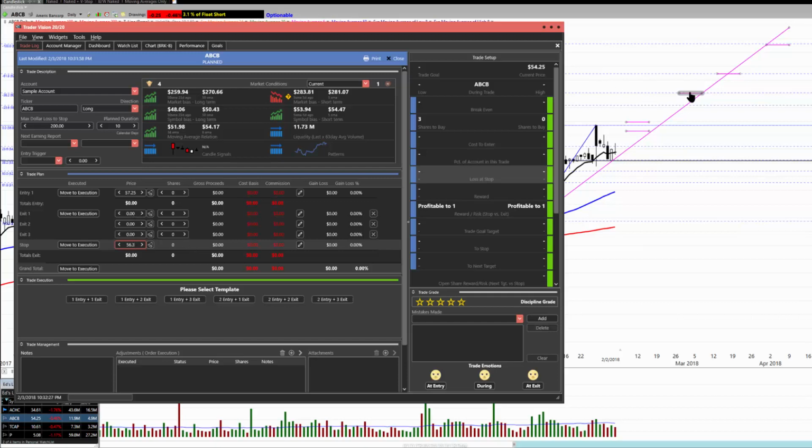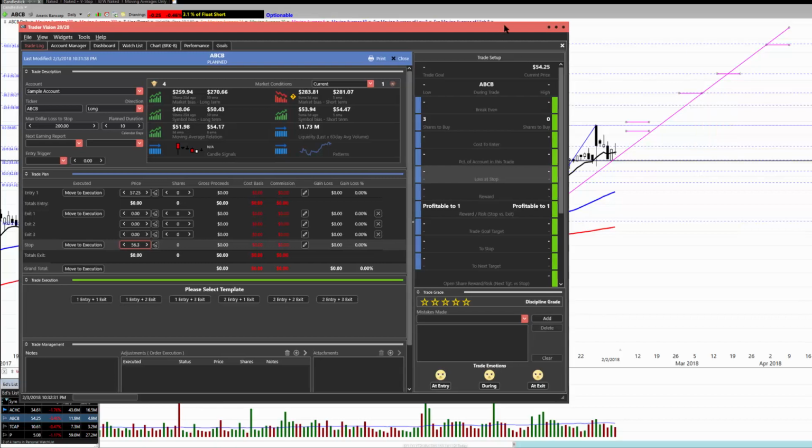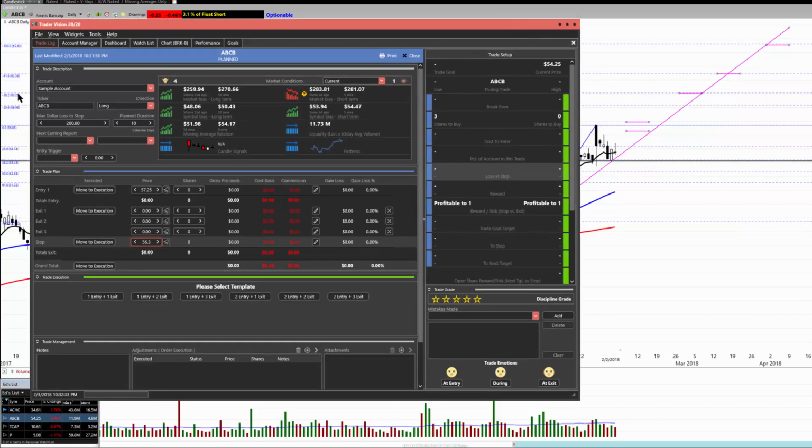So it's, let's call it 60.25. Second target up here, about 62.35. And the final target up here, about 65.80.